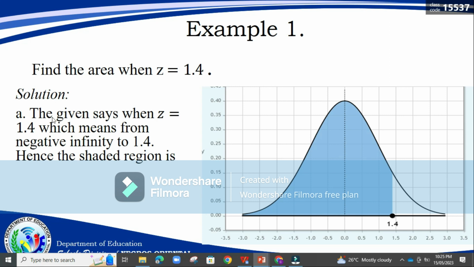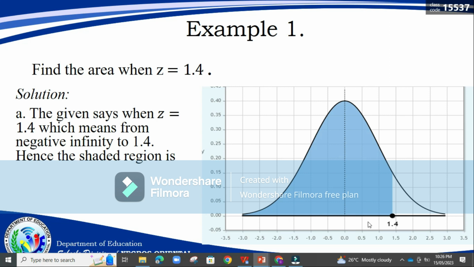The solution: the given says when Z is equal to 1.4, which means from negative infinity to 1.4. Hence, the shaded region is, considering this is our normal curve, and here is 0, along the mean, median, and mode.